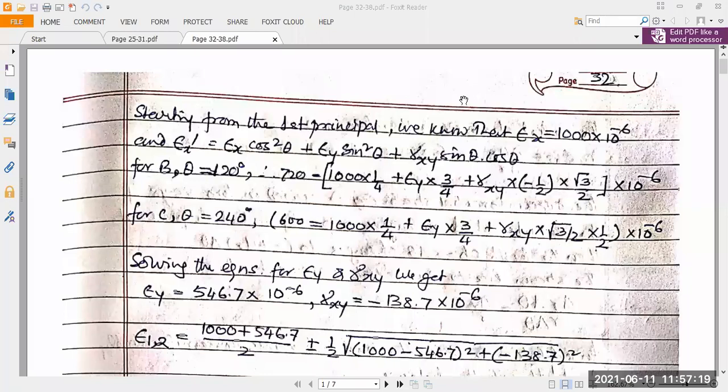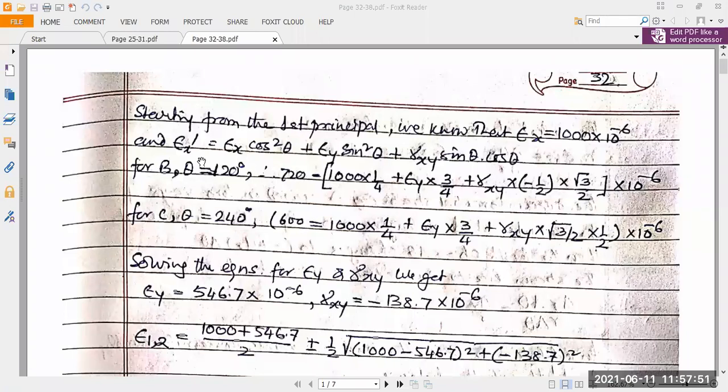Now, starting from the first principle itself, we know that epsilon x dash is given as epsilon x cos square theta plus epsilon y sin square theta plus gamma xy sin theta cos theta, where epsilon x dash is the elongation of the particular straight line which was initially at PQ. Now, due to the external load, it is deformed and takes the position PQ dash itself.